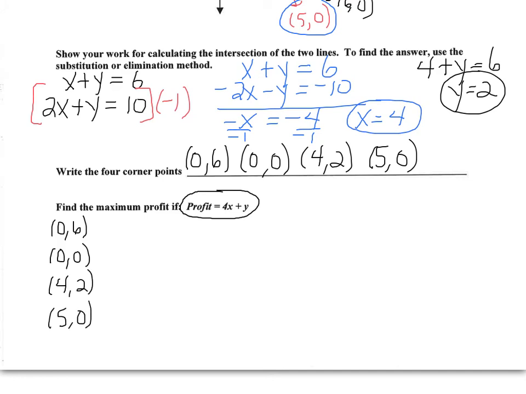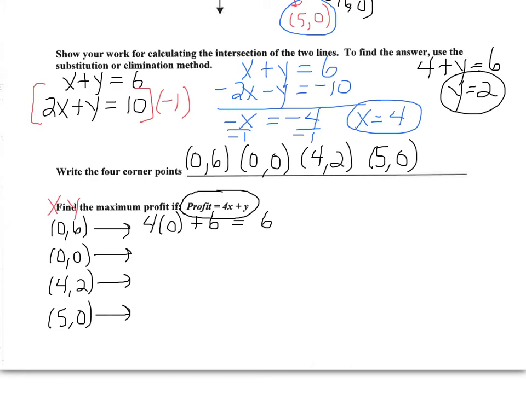And what I need to do for each one of these is I have to test these corner points. Remember, my first coordinate is x, and my second coordinate is y. So I'm going to plug in the first case, 0 for x and 6 for y. So I would have 4 times 0 plus 6, which gives me an answer of 6.